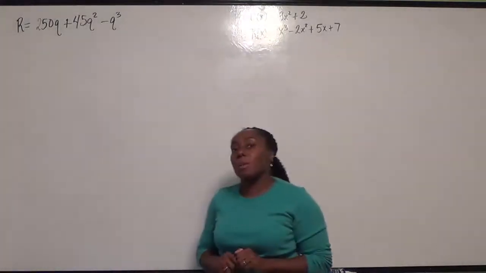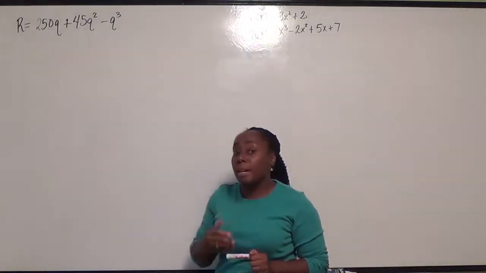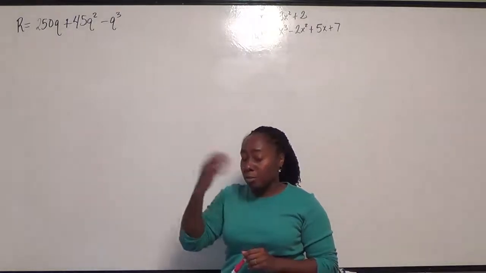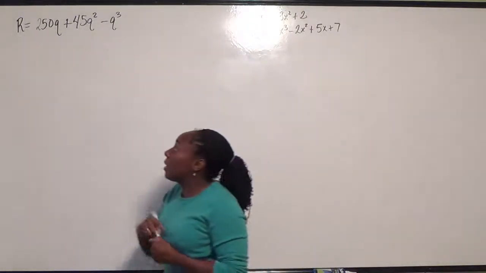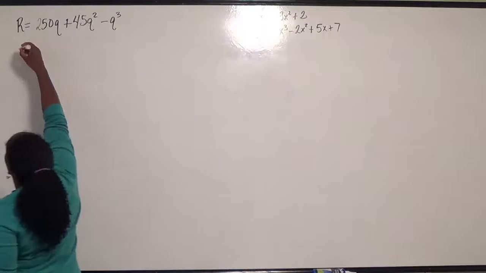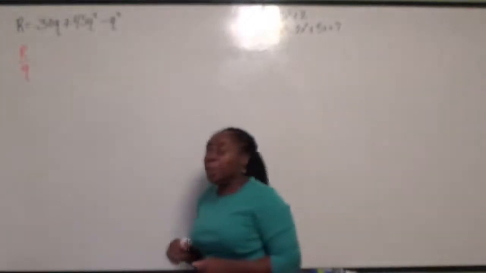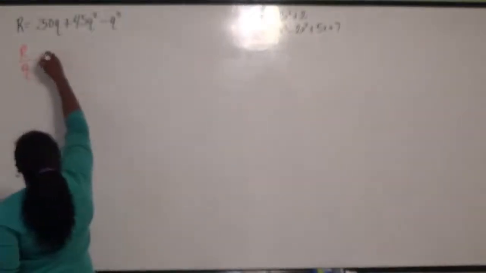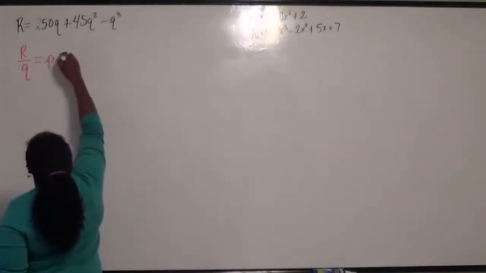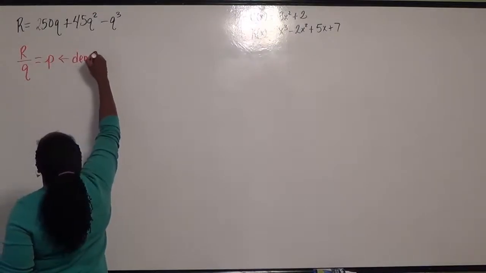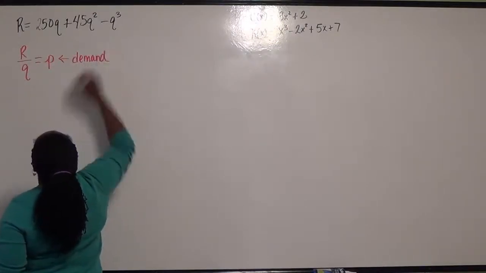So here, if I'm looking at my revenue equation, 250Q plus 45Q squared minus Q cubed, if I start out the same way and I think of going down instead of looking at marginals, taking derivatives, if I divide out by Q, this gives me my little p, which is my demand function. Okay.